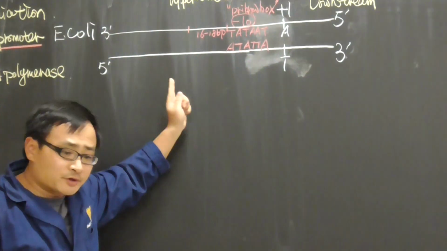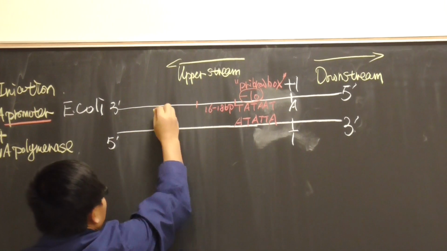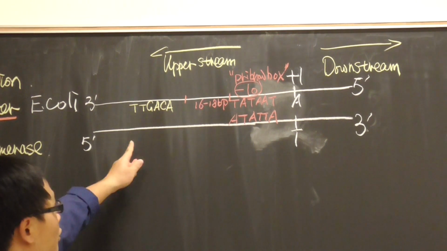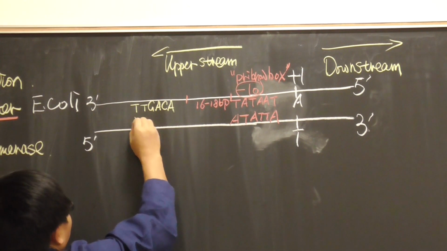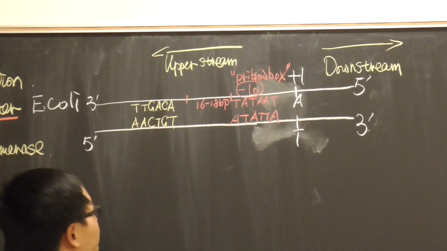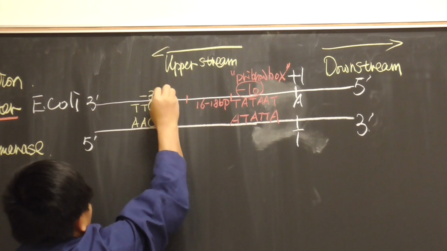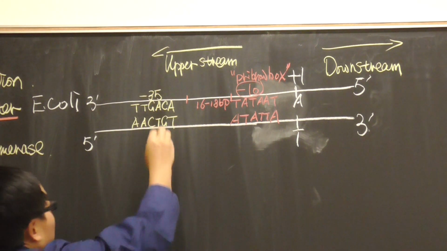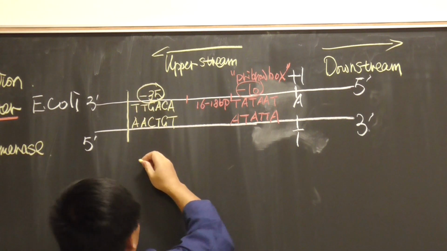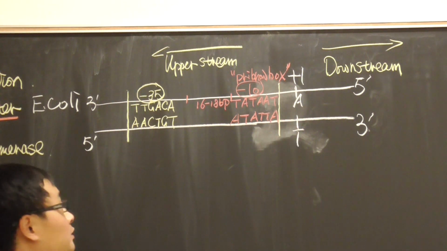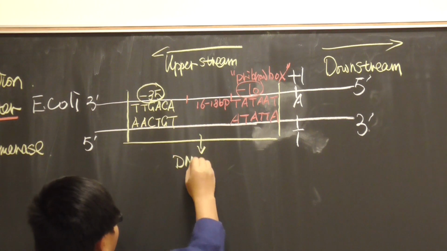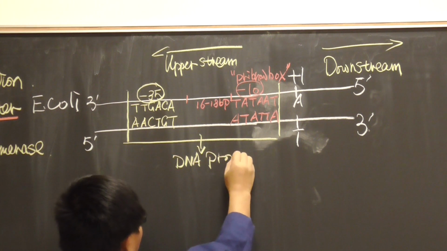We have another very conserved sequence, TTGACA, and the corresponding strand is AACTGT. This is called the -35 sequence. These two very conserved sequences, if we put them together, this whole area is called the DNA promoter.